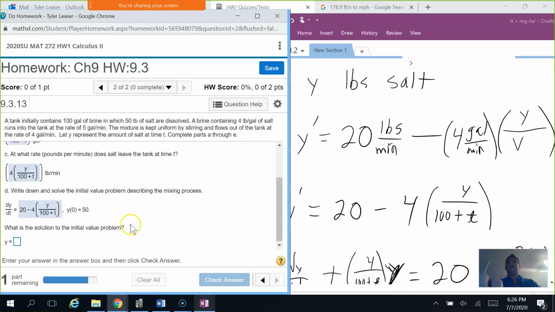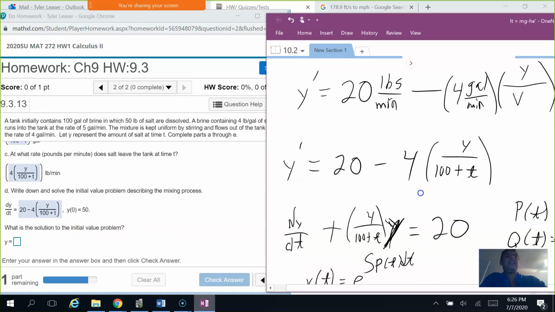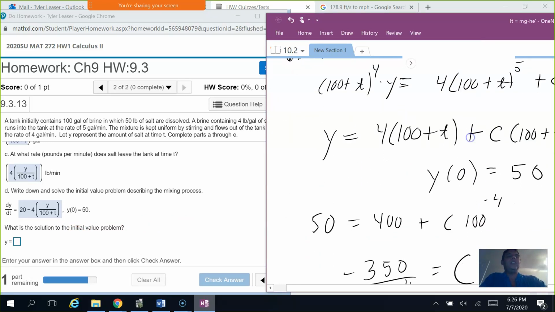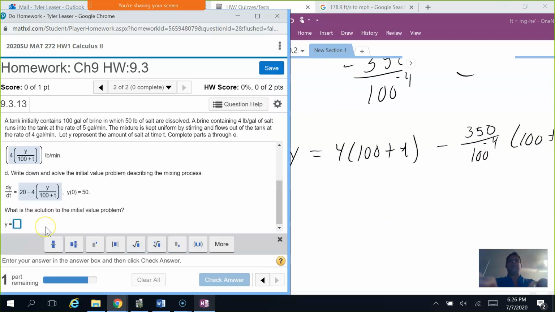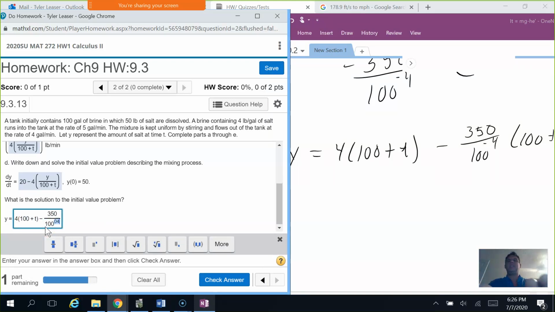Great. E, what is the solution to the initial value problem? That was all of this work that we just did here. Final answer is going to be this part. This is where we want the 4, 100 plus t, minus the 350 over 100 to the negative 4, times 100 plus t to the negative 4.